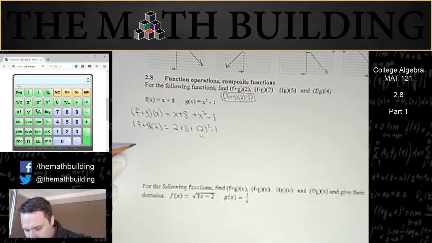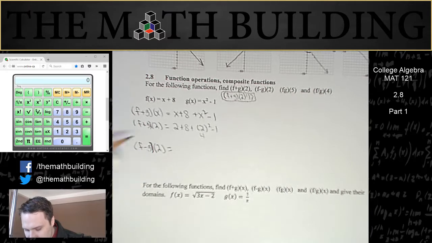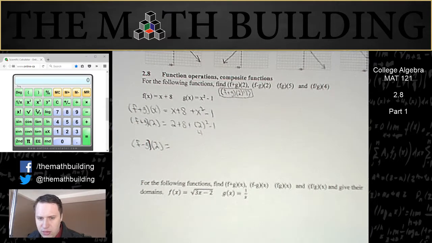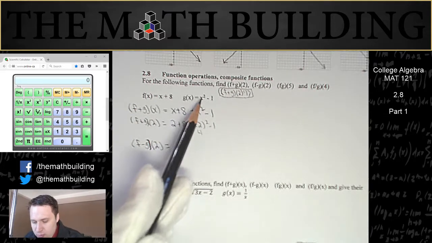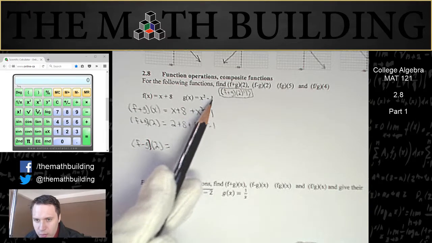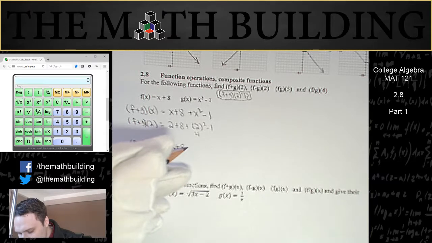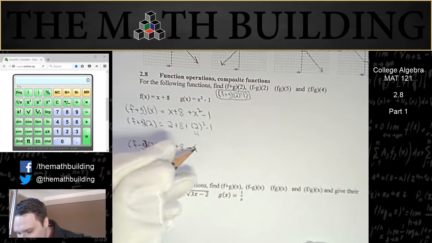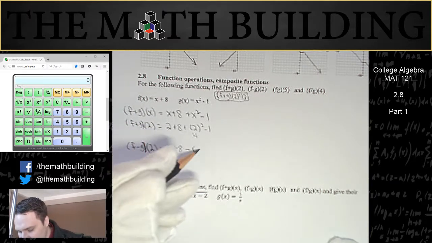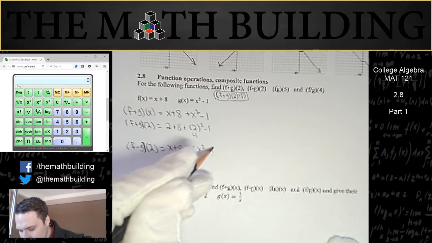Let's do f minus g of 2. Here's one where people make a lot of mistakes. So f minus g, that's a different function than f plus g. And when we subtract this function, we need to subtract all of it. So x plus 8 is the first function, minus, you need to subtract the entire second function. Okay?